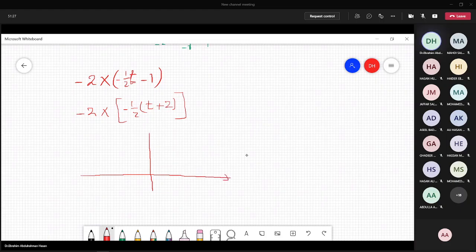This part is very easy. It is just we flip it and multiply it by 2. So the importance is here. First step, do this. Flip it. Start from here.